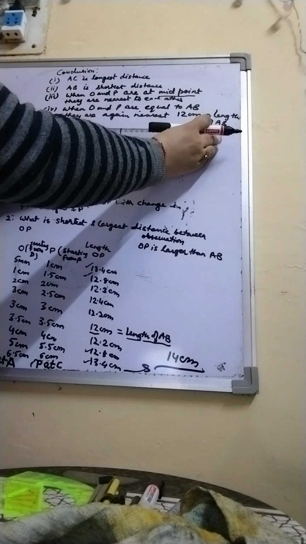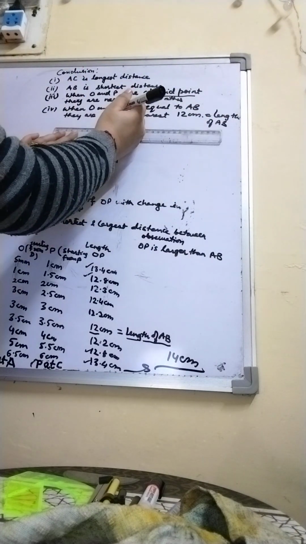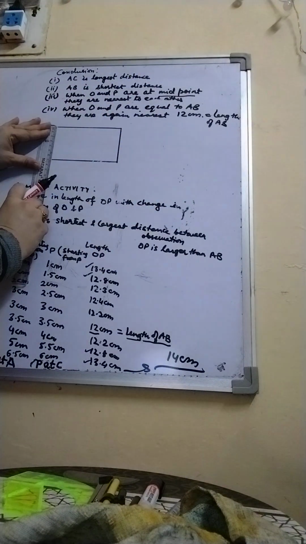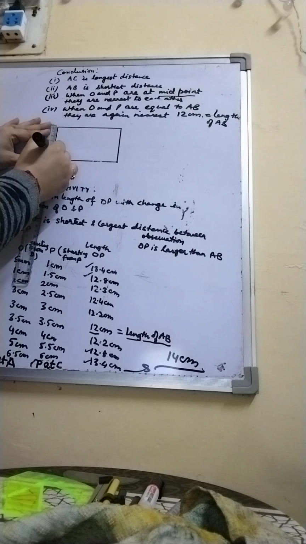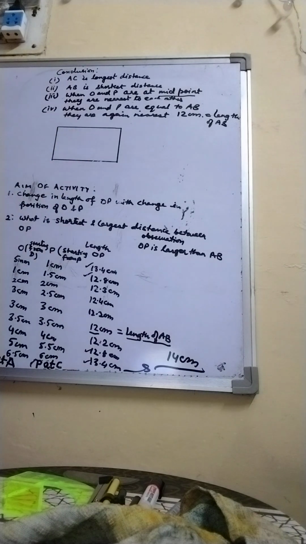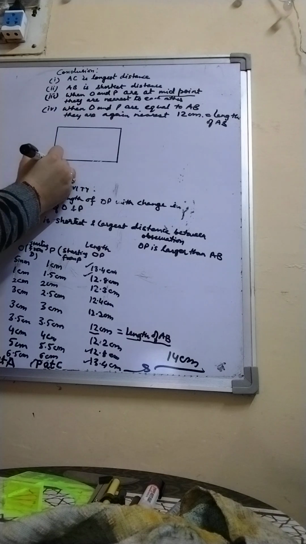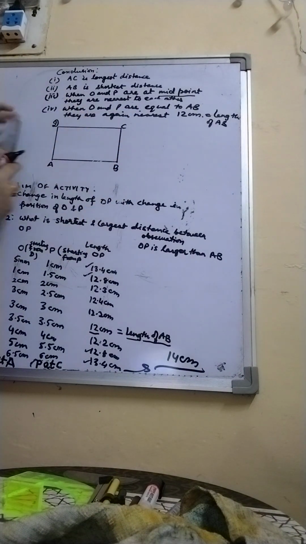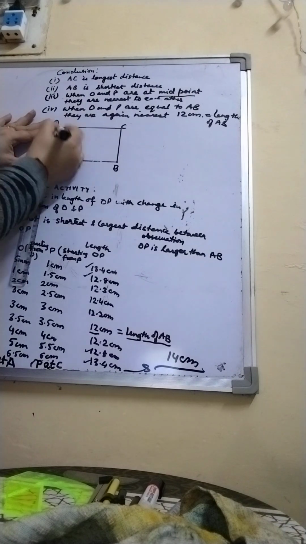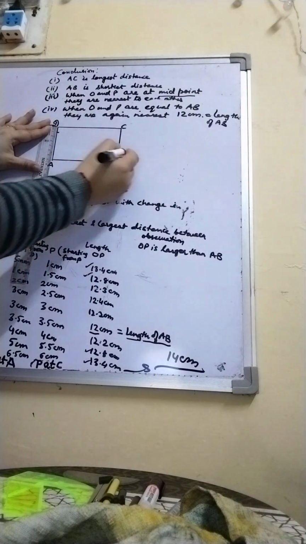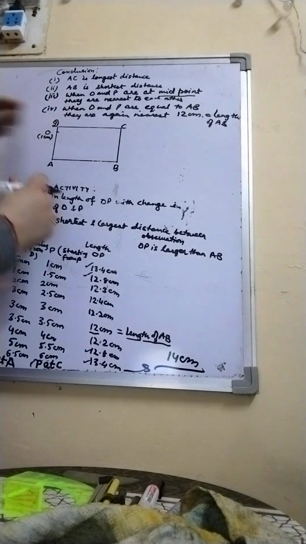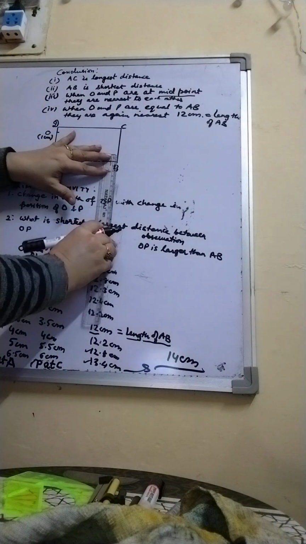So you get 12 centimeter length and 7 centimeter breadth. This is the rectangle. Now what we will do, we would put O and P at equal distance. O is at 1 centimeter in this case, and we would take P also at 1 centimeter.